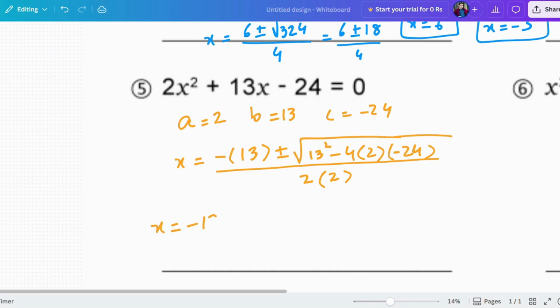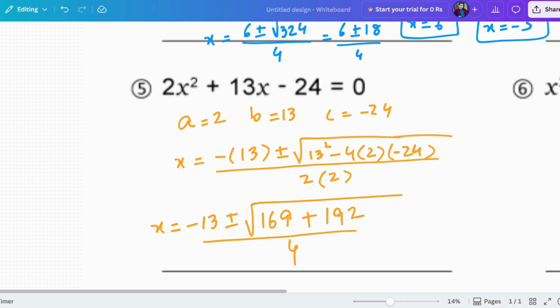X equals minus 13 plus or minus the radical of, what is 13 squared? That is 13 multiplied by 13, which is equivalent to 169. Minus minus becomes plus 4 times 2 times 24. So 4 times 2 is 8, and times 24 is equivalent to 192, and all of it divided by 4.